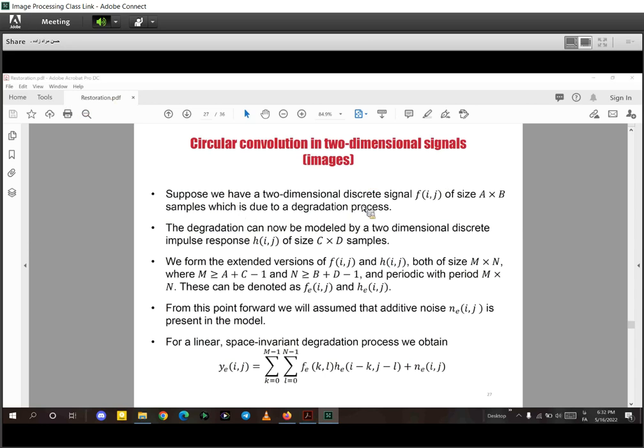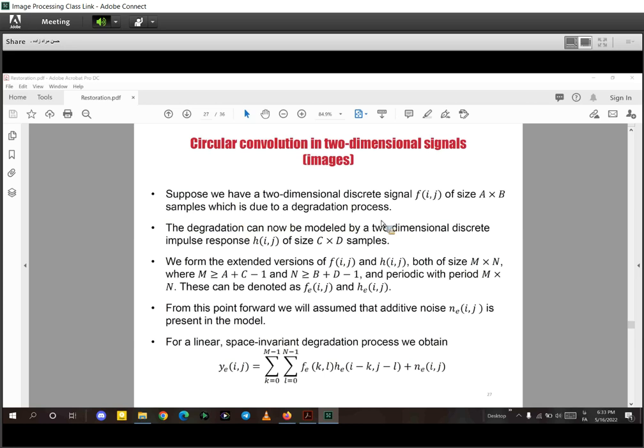Suppose we have a two-dimensional discrete signal f(i,j) of size A by B, which is affected by a degradation process, the output of the H system.